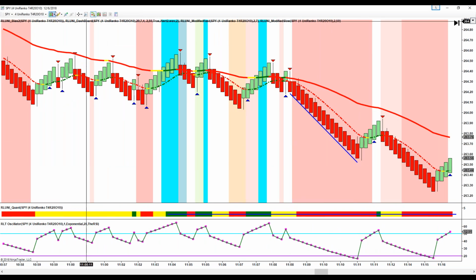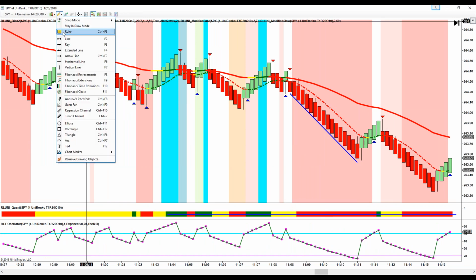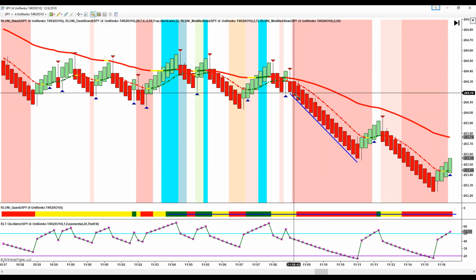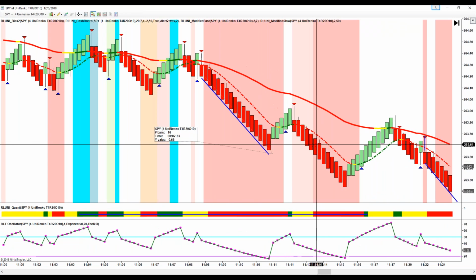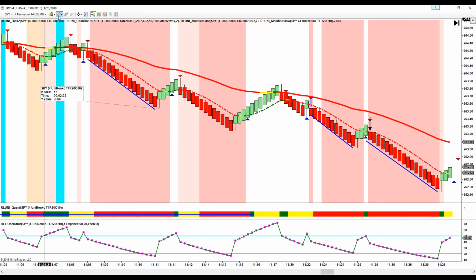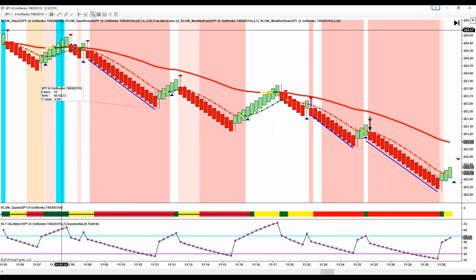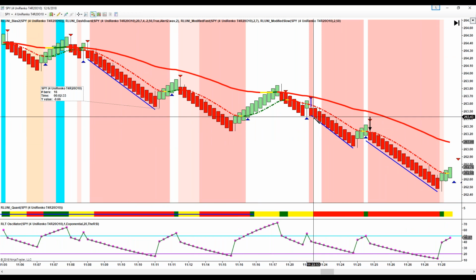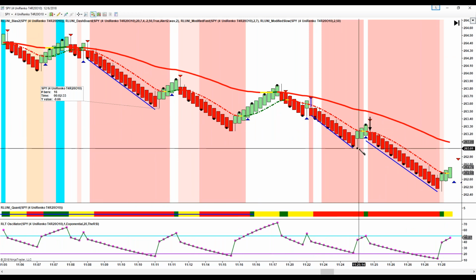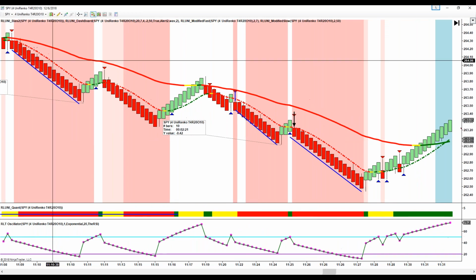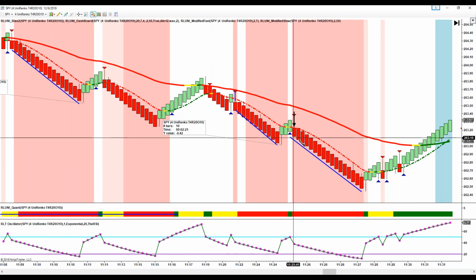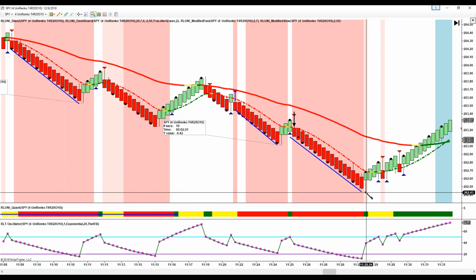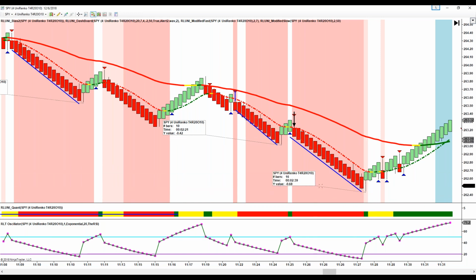That's going to work. $0.66. $0.42. Now remember, it's 25 cents of risk. $0.68.